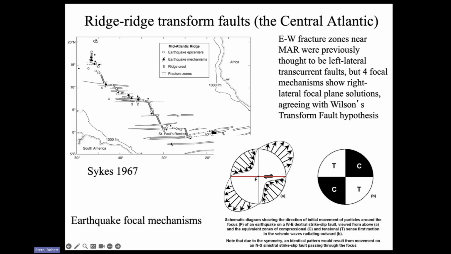And what Sykes in 1967 showed was that the focal mechanisms, which, as we'll learn, are related to the displacements on the faults, were consistent with what Wilson predicted.